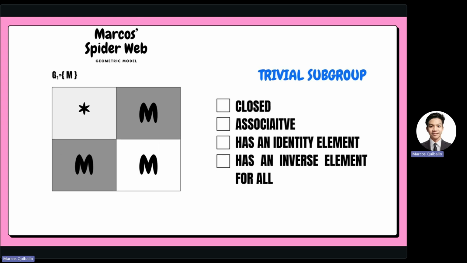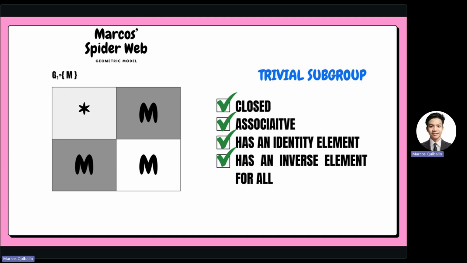It is closed because the only output is letter M, which is in our set G1, equal to M. It is also associative because when we flip it 180 degrees, the output itself remains letter M. It also has an identity, which is itself, and it also has an inverse element, which is also itself.